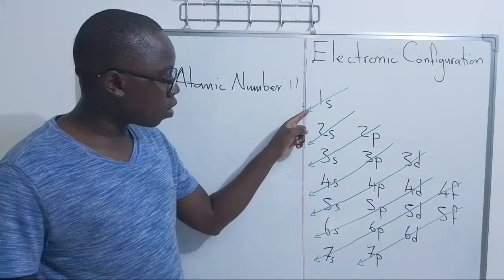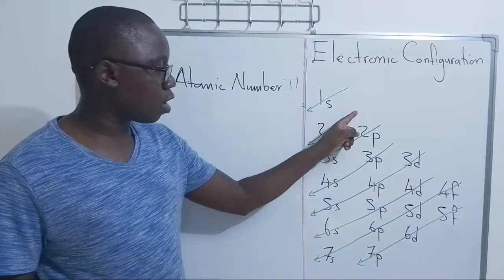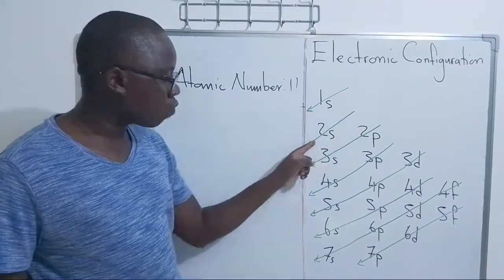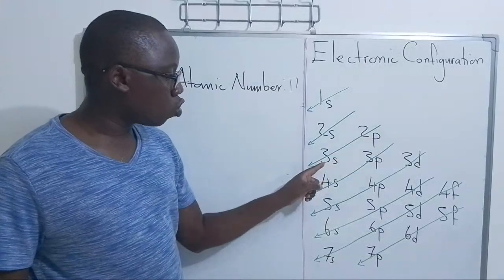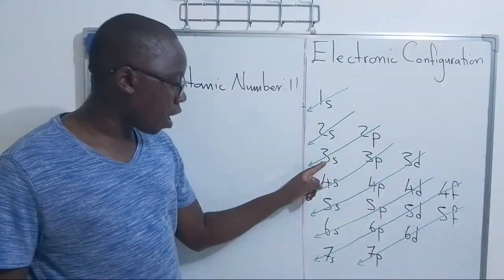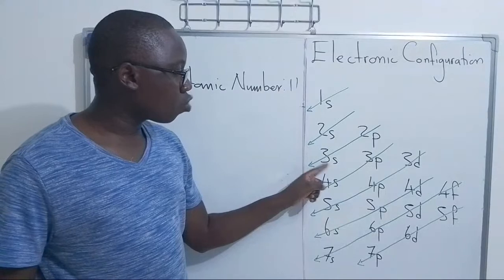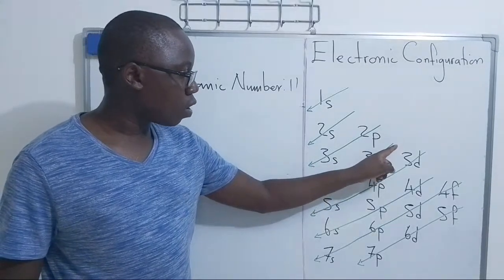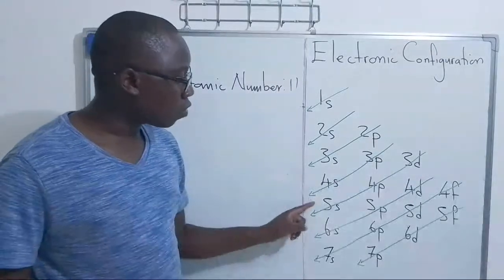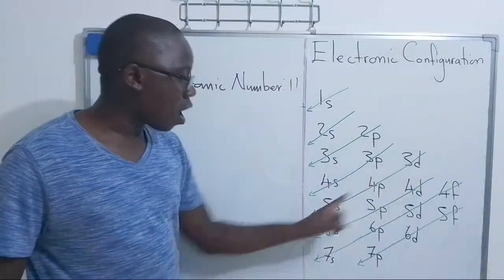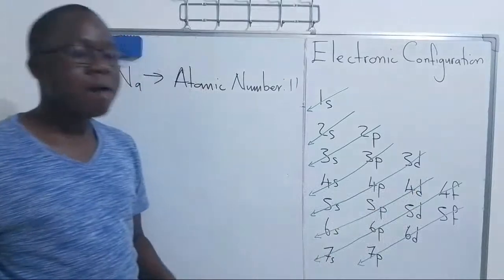After this arrow ends, we go to the next, which is 2s. After 2s ends, we come to 2p, then we go to 3s. After 3s, we go to 3p, then 4s. So just like that, you follow the arrows as they are moving.